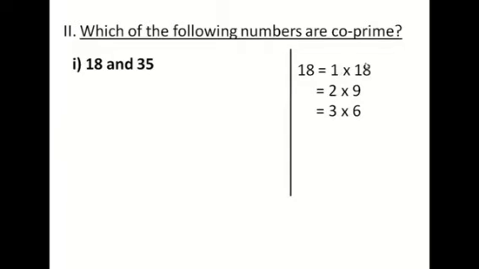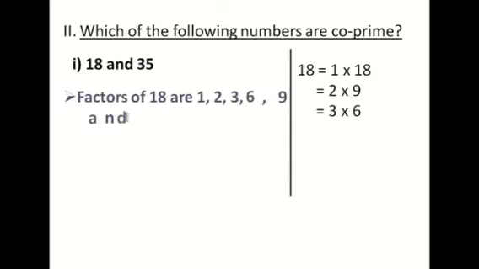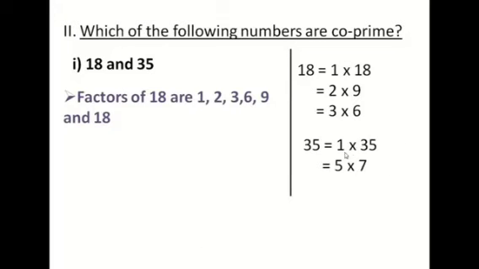So write down, factors of 18 are 1, 2, 3, 6, 9 and 18. Now go for 35. 1 35s are 35, 5 7s are 35. So write down factors of 35 are. Got it? It's very easy.